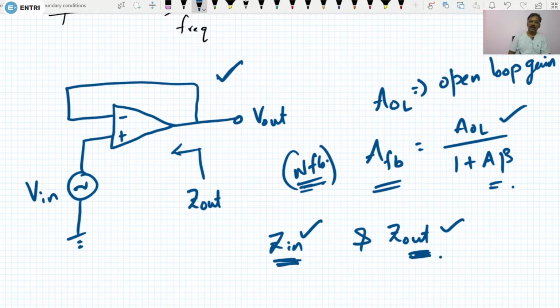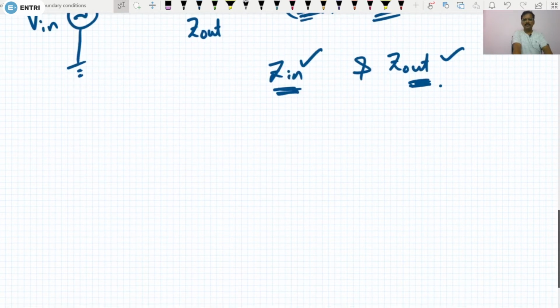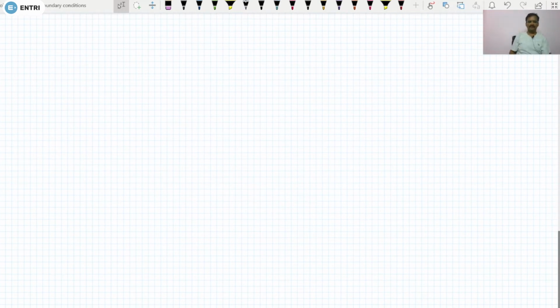So first of all we have to identify the topology of this feedback. How can we identify that? See here, if you are having an amplifier here, whenever you are giving the feedback, what you are going to do at the output is sampling.